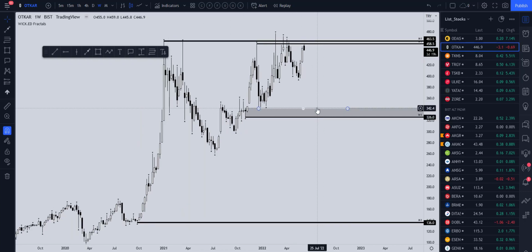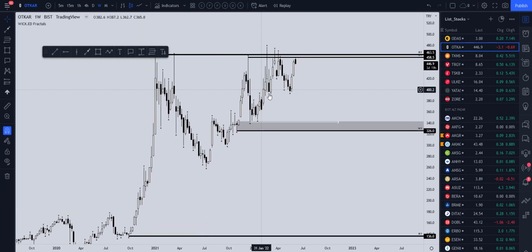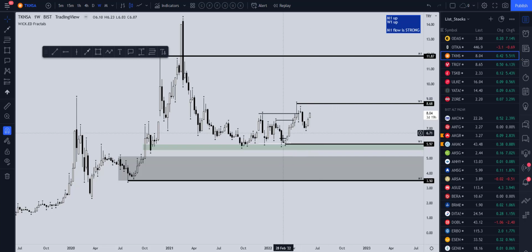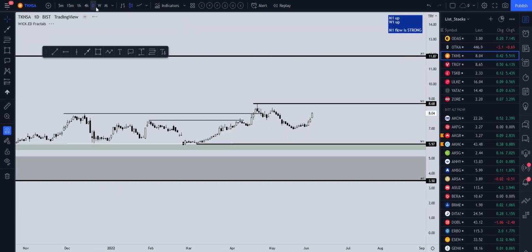If price comes here, it could be at the discount of this weekly ranging structure, but not in the discount of the monthly, so this will not be good. Pass it. Easy one. QM is reacting from here, but there is no setup.